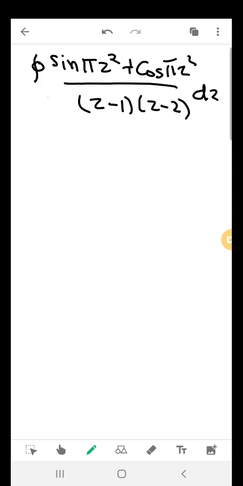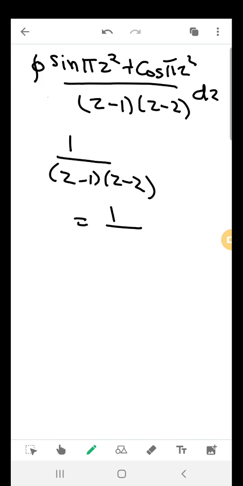So what I will do first, we will write 1 by (z minus 1)(z minus 2) as equal to 1 by (z minus 2) minus 1 by (z minus 1).